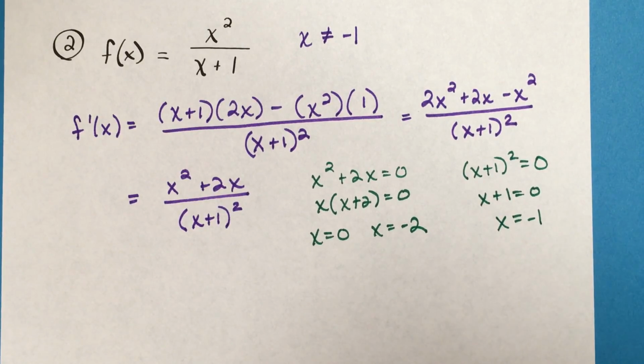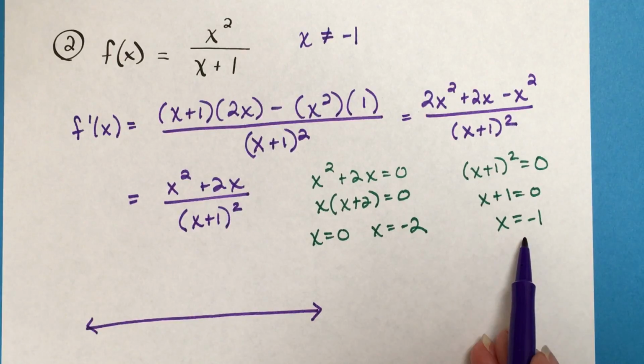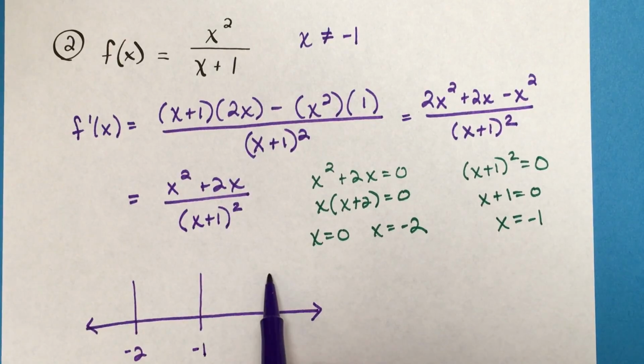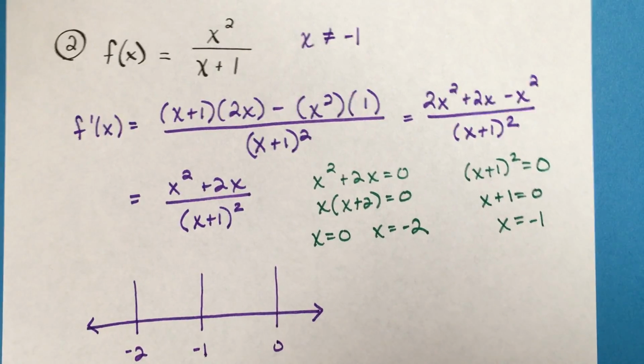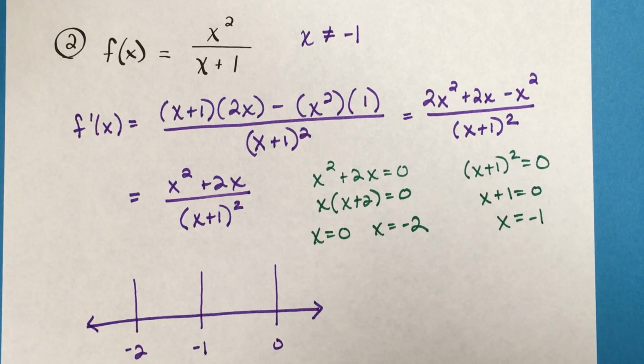All right, so when you're doing your sign graph, okay, so marking these off on your sign graph, of course you'd have your -2, and then your -1, and then your 0. And then we need to pick a test number in each of these intervals.